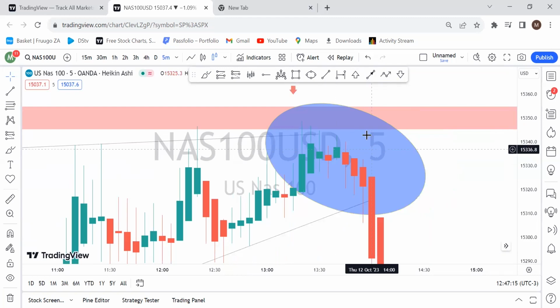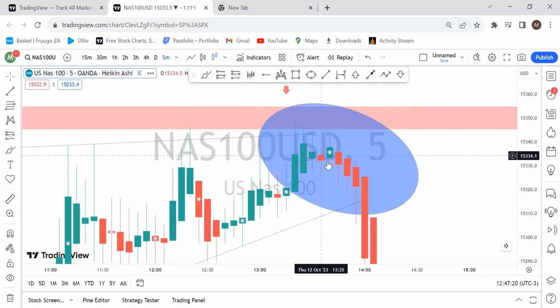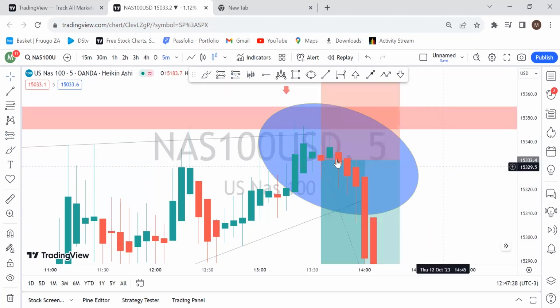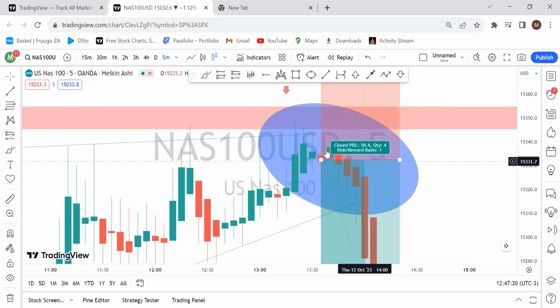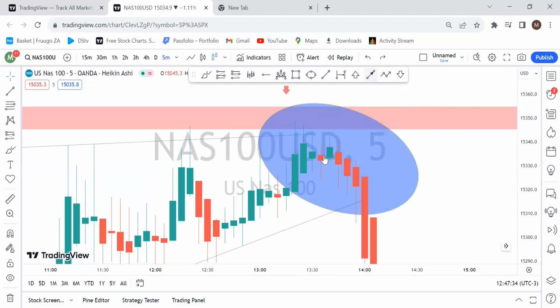So some people would have taken this as the sole confirmation to go down, and they would have executed right there for a sell at the close of it. But you can see the next candlesticks formed, and price was pushed up because they didn't wait for the second selling candlestick.